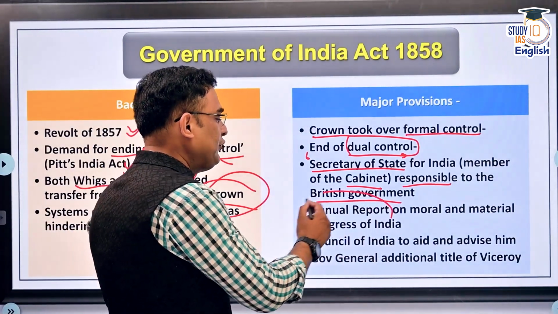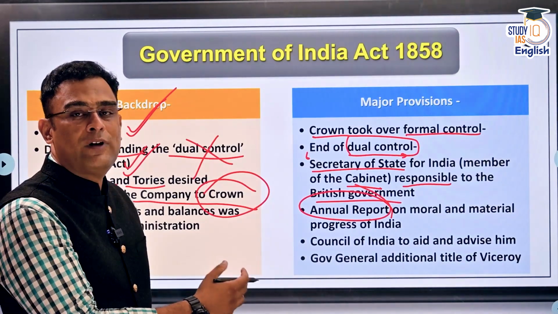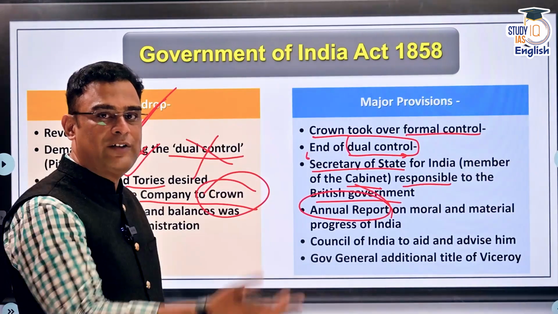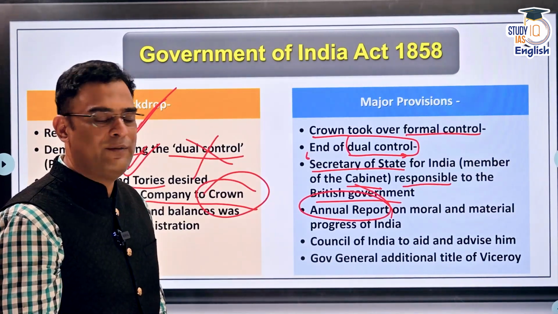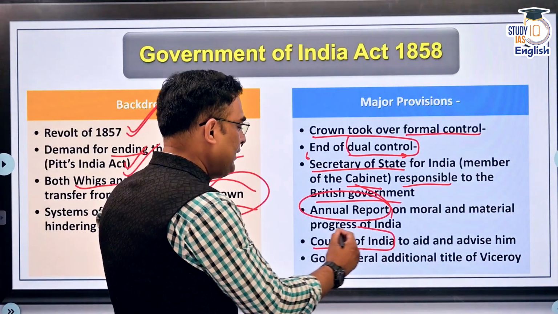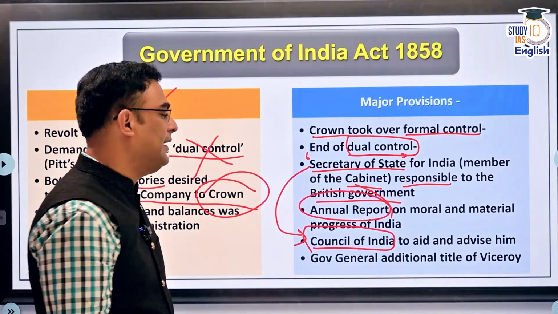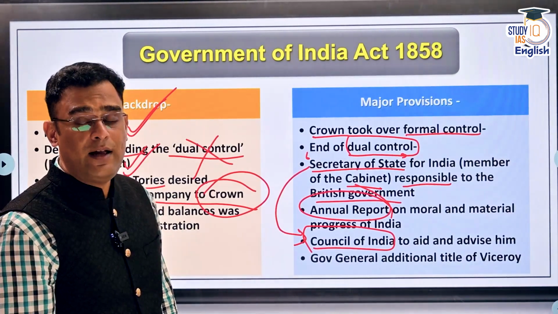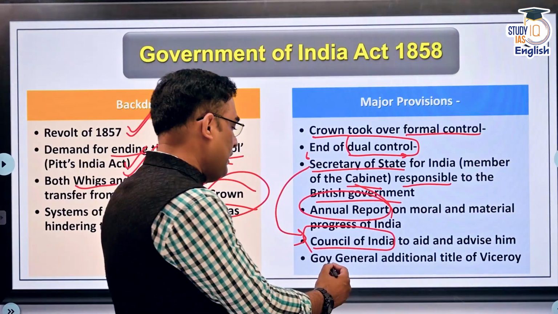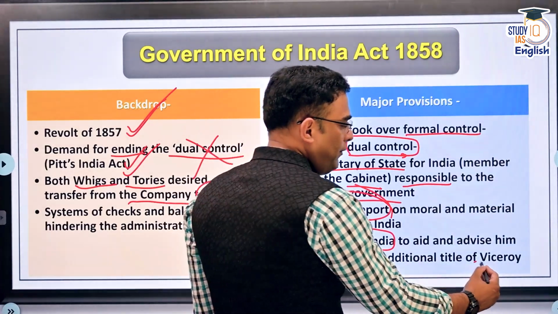And he was supposed to provide an annual report on the progress of India. So every year he was presenting a report to the British government, which was in any case not taken very seriously. To aid and advise this person, the Secretary of State, a Council of India was created. The Governor General now got an additional title of Viceroy.